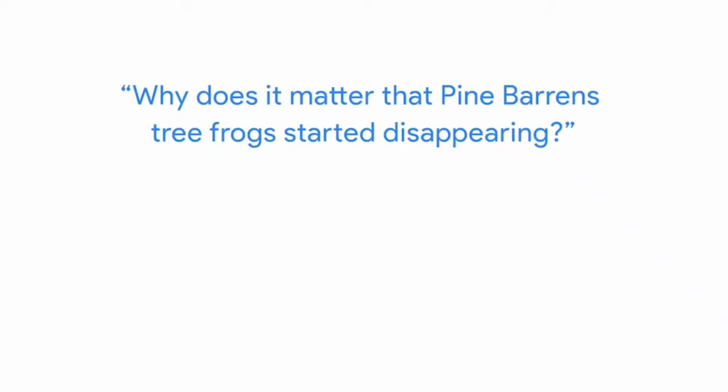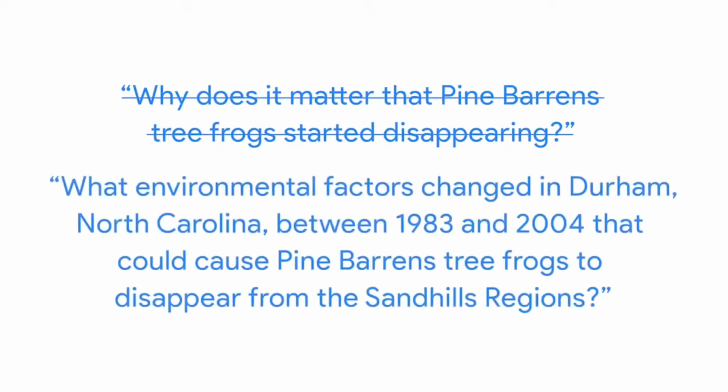A more relevant question would be, "What environmental factors changed in Durham, North Carolina between 1983 and 2004 that could cause Pine Barrens tree frogs to disappear from the Sandhills region?" This question would give us answers we can use to help solve our problem.